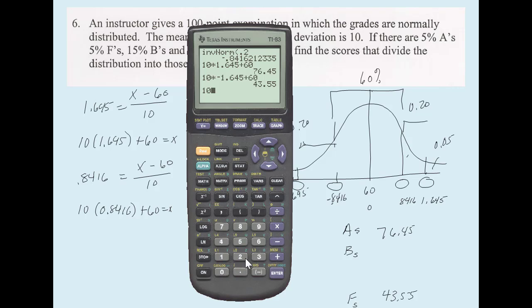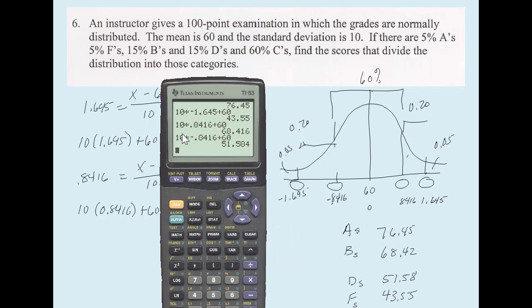So I got 10 times 0.8416 plus 60, and that gives me 68.42. Now I just take this and hit second enter and use the symmetry in my curve here, and second insert a negative there, and that makes D's are 51.58.